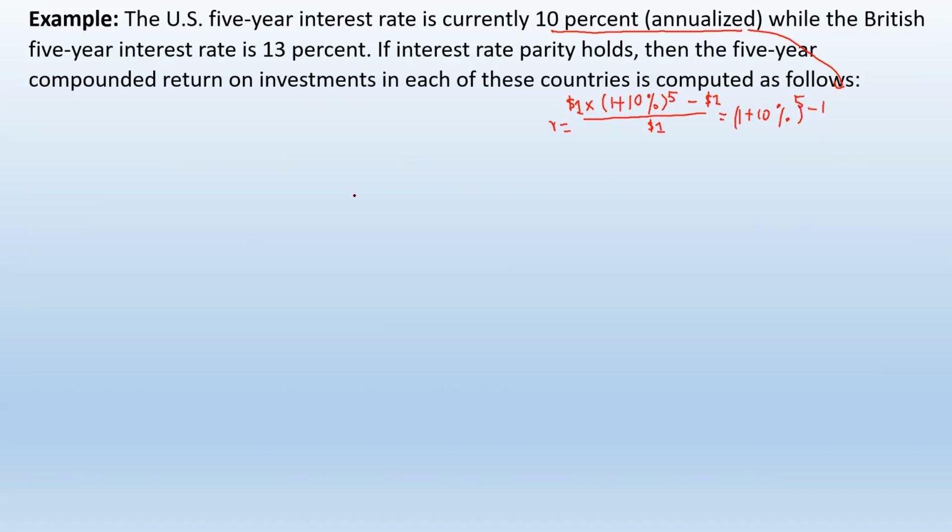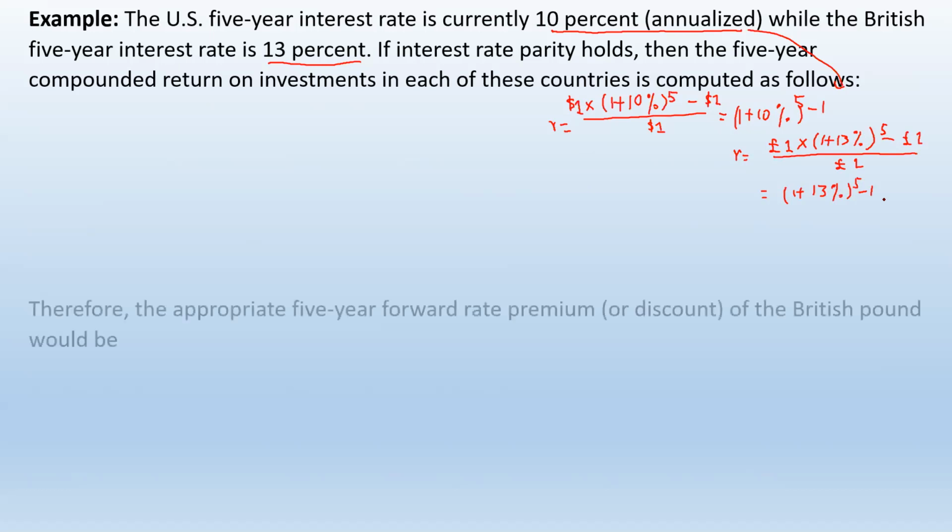So your return equals 1 plus 10% to the power of 5, minus 1. And the British 5-year interest rate, the annualized one, is 13%. Which means the return of the British bank account, if you invest 1 British pound, will be 1 plus 13% to the power of 5, minus the initial investment, divided by the initial investment. So the return will be 1 plus 13% to the power of 5, minus 1.